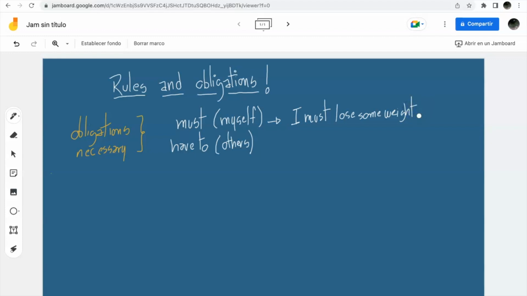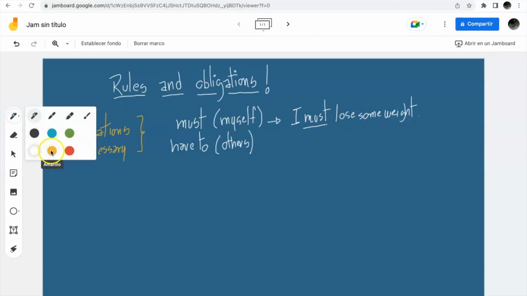Okay, so that's an obligation that I have, that's a necessity, that's a need that I have. I need to lose weight, but it's stronger. You have to use I must, right? I must lose some weight, right?